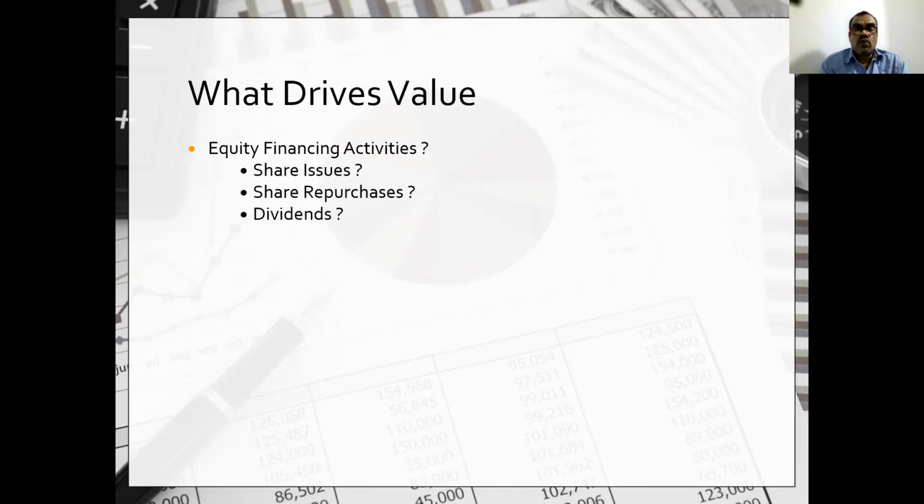As a result, both companies earned 100,000 profit before tax. For the time being, forget about tax. I'll come to tax later.